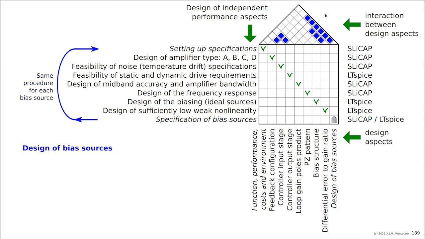So now you see here, what is happening? Well, I need the bias sources requirements for noise and for drive capability. A current source must be able to take some voltage. That is what we have discussed in the realization of current sources with passive elements.